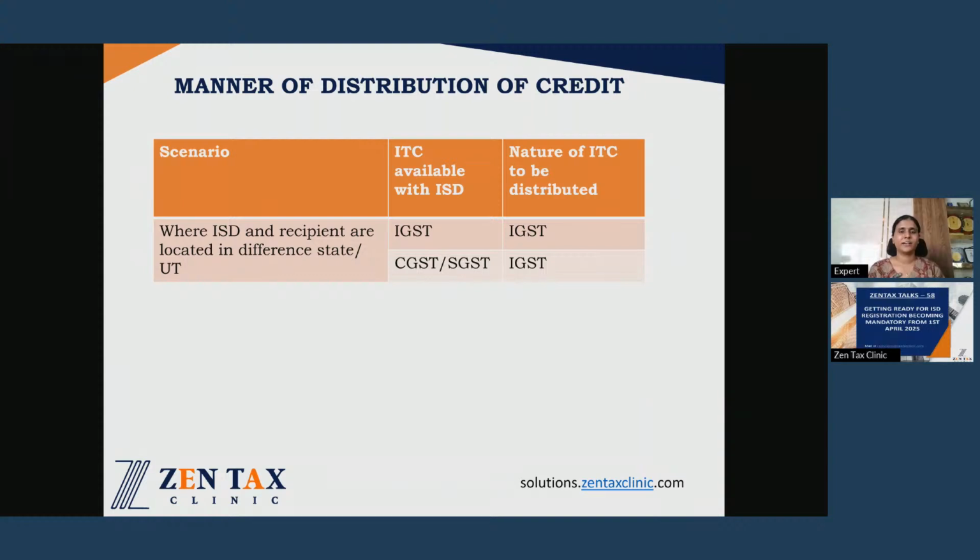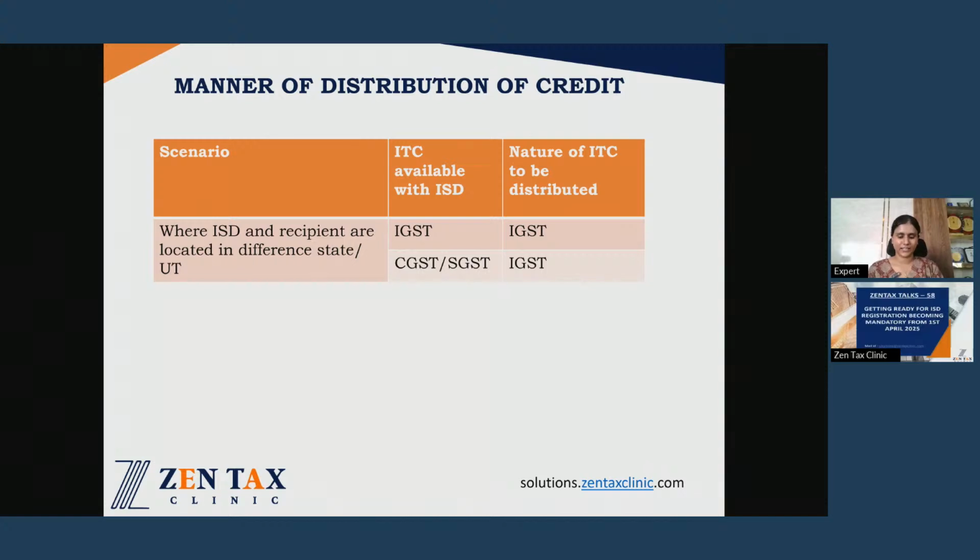Now let us take another scenario where the ISD and the recipient are located in different states. That is to say, for example, the ISD is located in Chennai and the recipient is located at Mumbai. In such cases, if the ISD has received any invoice with IGST, then they need to transfer the tax as IGST.